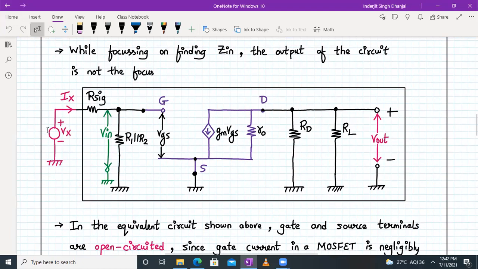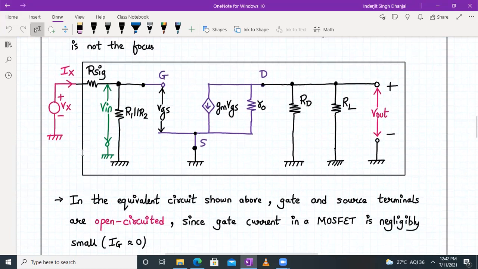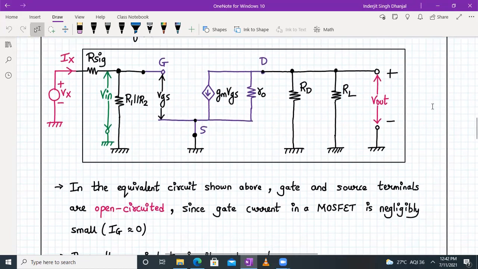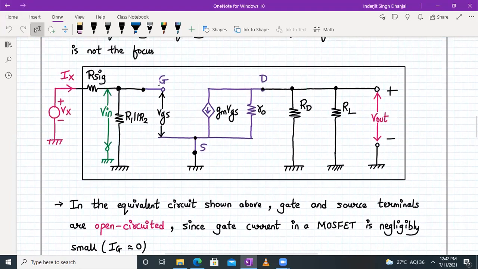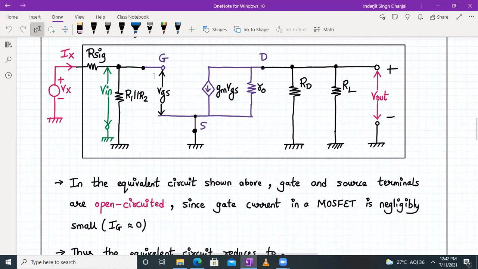So Zin will be Vx divided by Ix. Now, if you look carefully, we are not concerned with the output. In the equivalent circuit shown over here, the gate and the source terminal are open circuited, because the gate current is almost zero, and we are in no way going to involve the V out term.